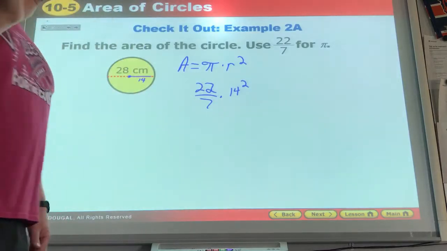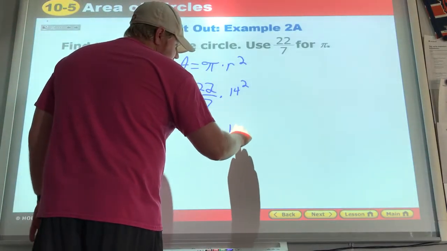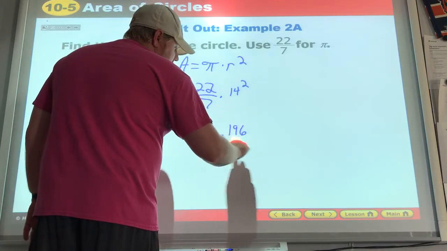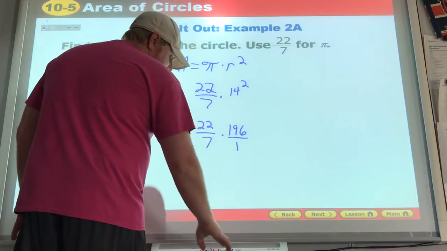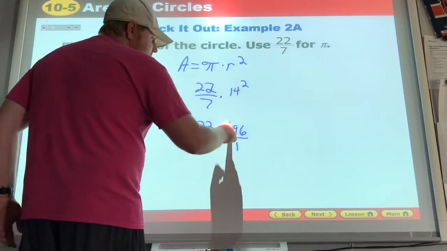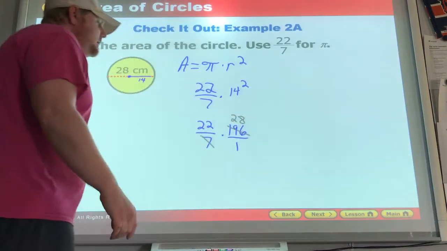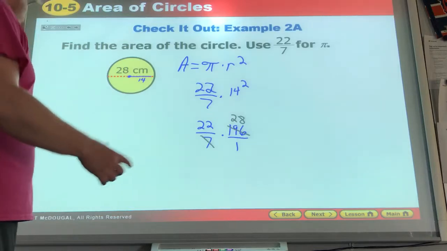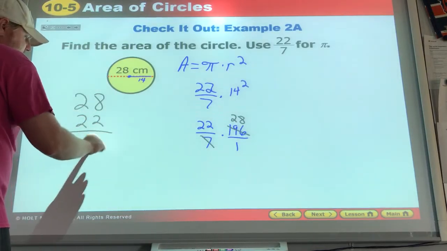You must follow PEMDAS. 14 times 14 is 196. I like to put it over 1. 22 over 7. 7 will go into 196, I believe. That would be 28. All right. Very good. Now we just have 28 times 22.